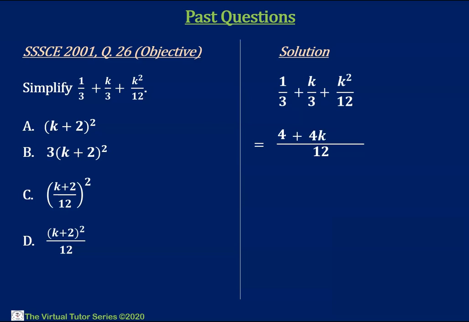Finally, 12 into 12 is 1, and 1 times k² is k². Now, the numerator is a perfect square, and the factorized form is (k + 2)² all over 12. Thus, the correct answer is option D.